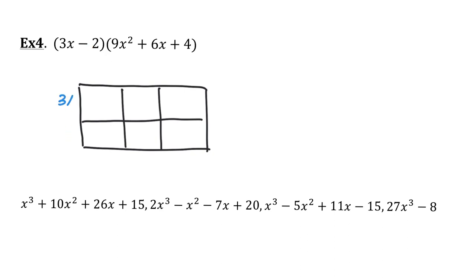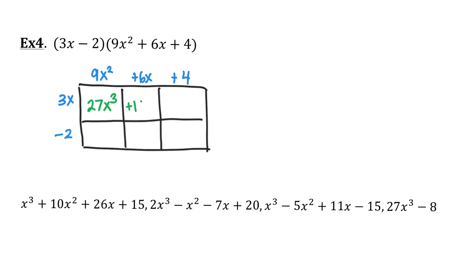So 3x minus 2 multiplied by 9x to the second plus 6x plus 4. I'm going to go ahead and fill in my boxes. 3x times 9x to the second is 27x to the third. 3x times 6x, 18x to the second.